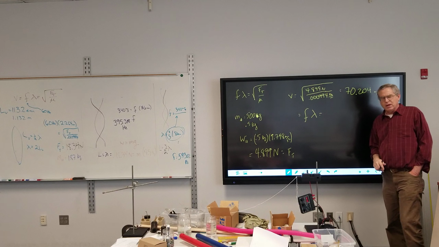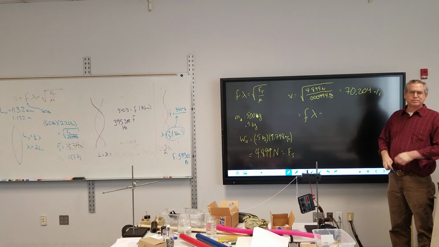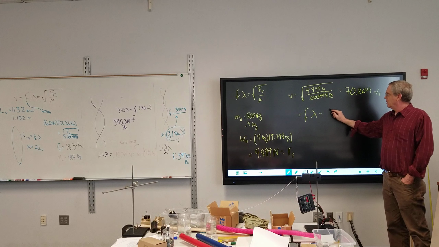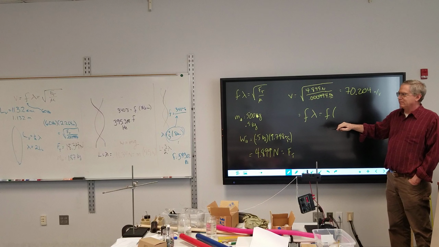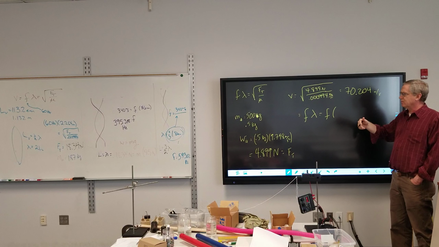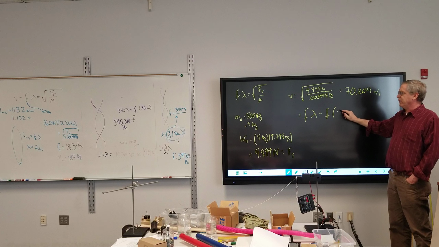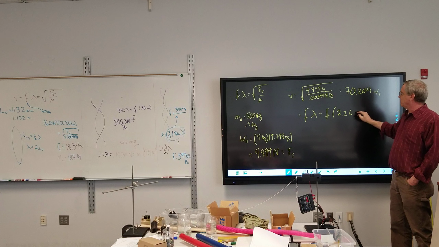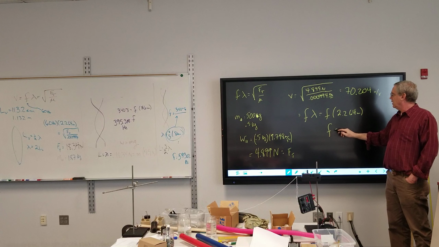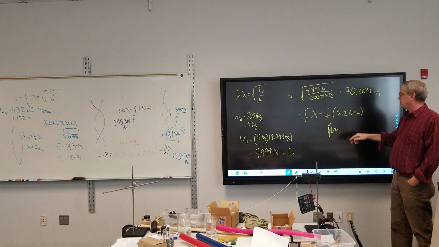What's the wavelength going to be? Or how would you find it? First harmonic, so it's going to be lambda equals 2L. And these are pretty much going to be in the same position as they were before. So we have a wavelength of 2.264 meters. Then just divide it. Wait a second, what was I trying to find? Oh, the frequency.